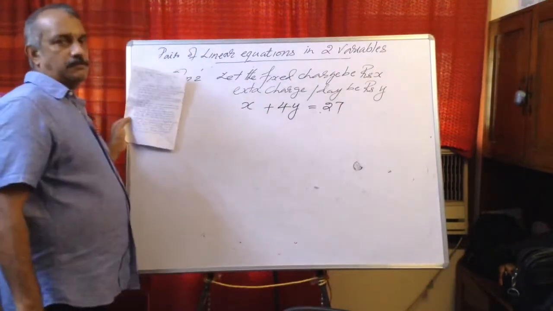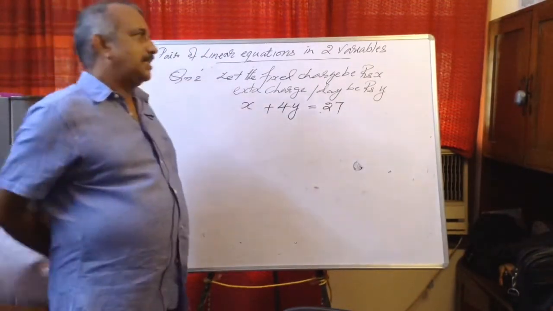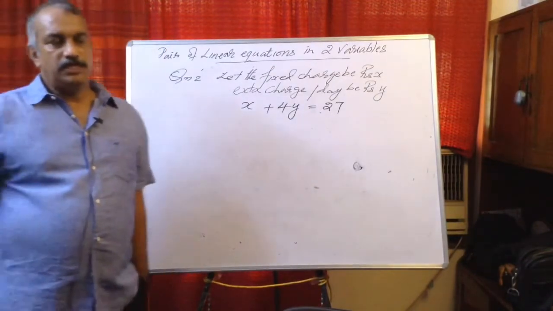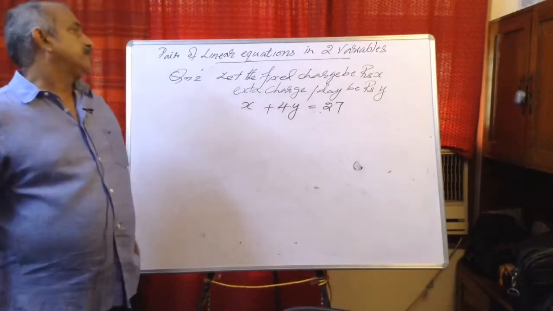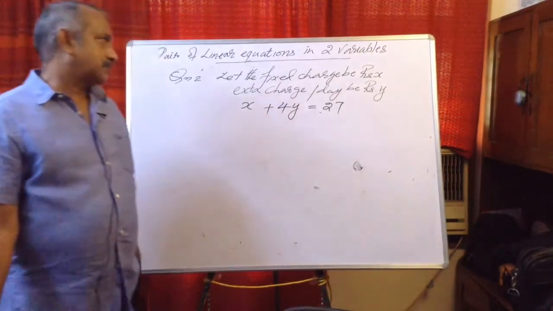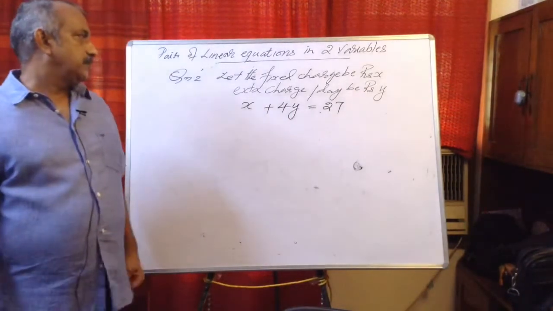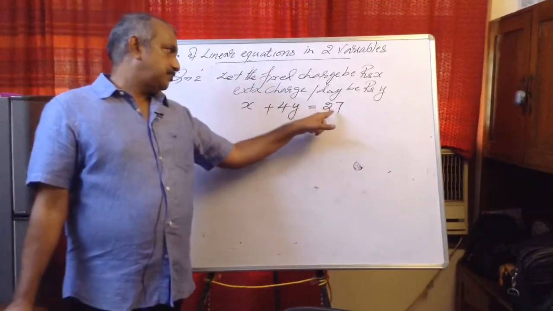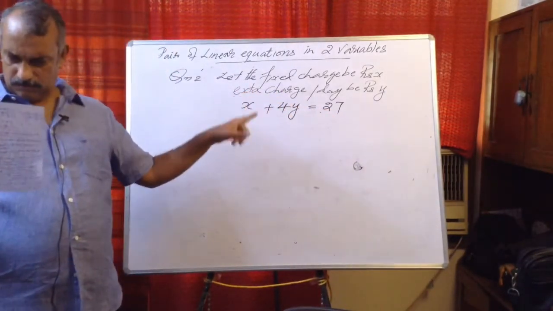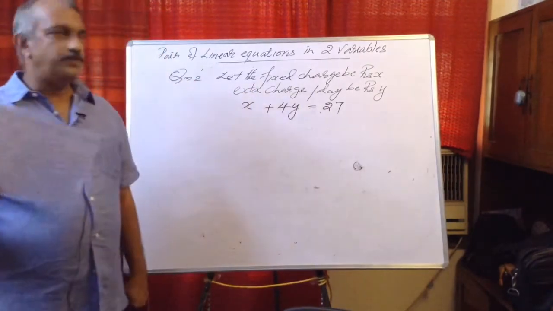First equation. See, the question says in a library there is a fixed charge and an extra charge for the days you keep the book extra. So now the fixed charge is X we assumed, and the extra charge per day we assumed as Y. Now first case, Sarita kept a book for 7 days and paid rupees 27.